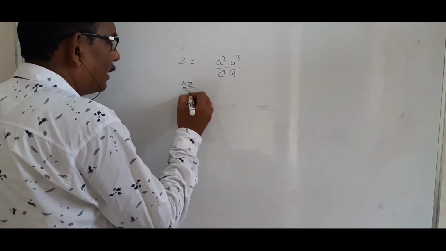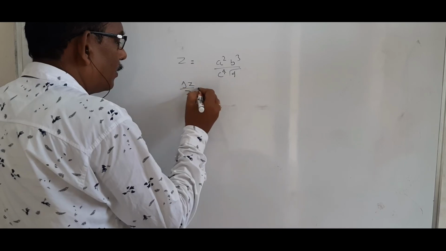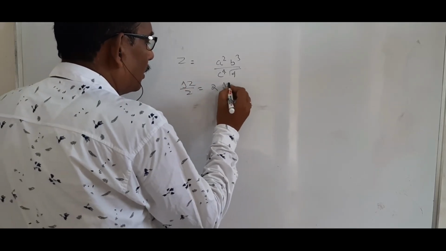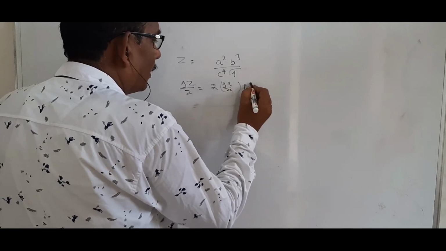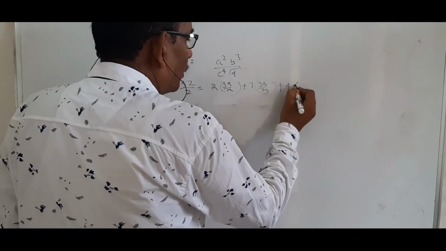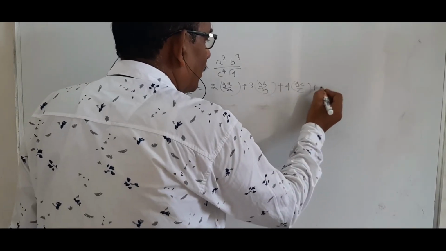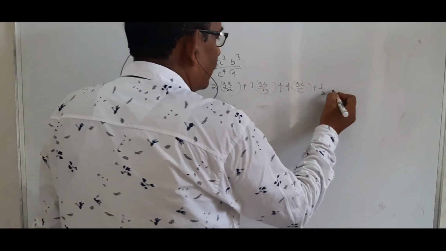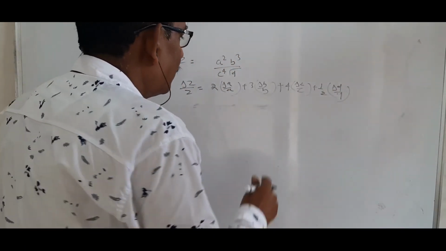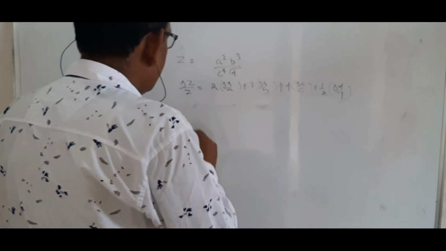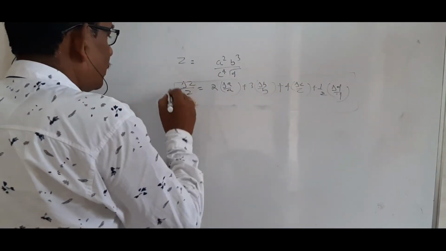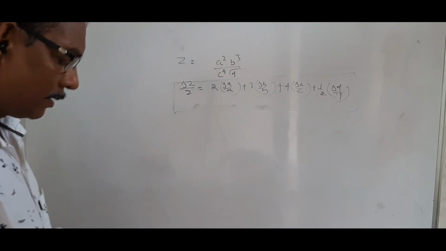Delta Z by Z is equal to 2 delta A by A, 3 delta B by B, 4 delta C by C and half delta D by D. In this way, we calculate the relative error if the power is given. Clear?